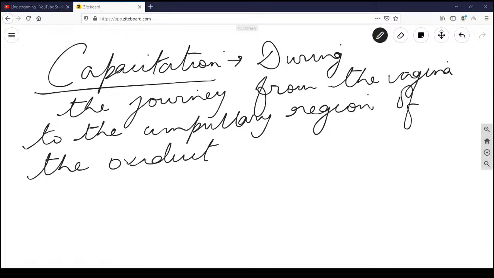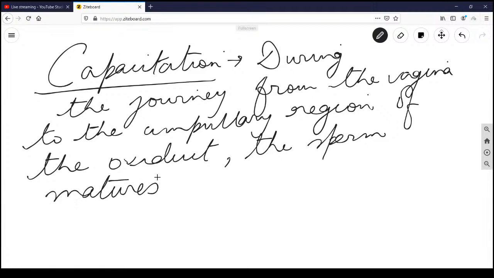The sperm undergoes maturation such that it has the capacity to fertilize the egg.